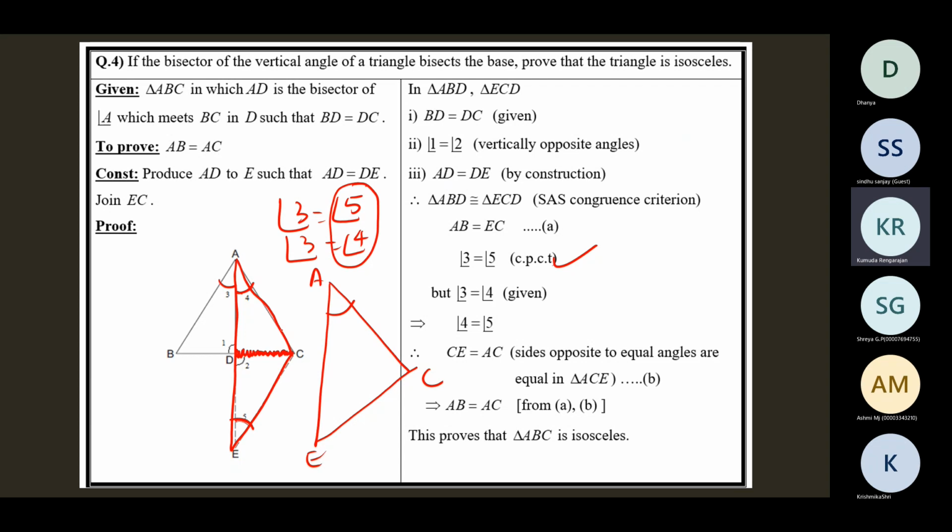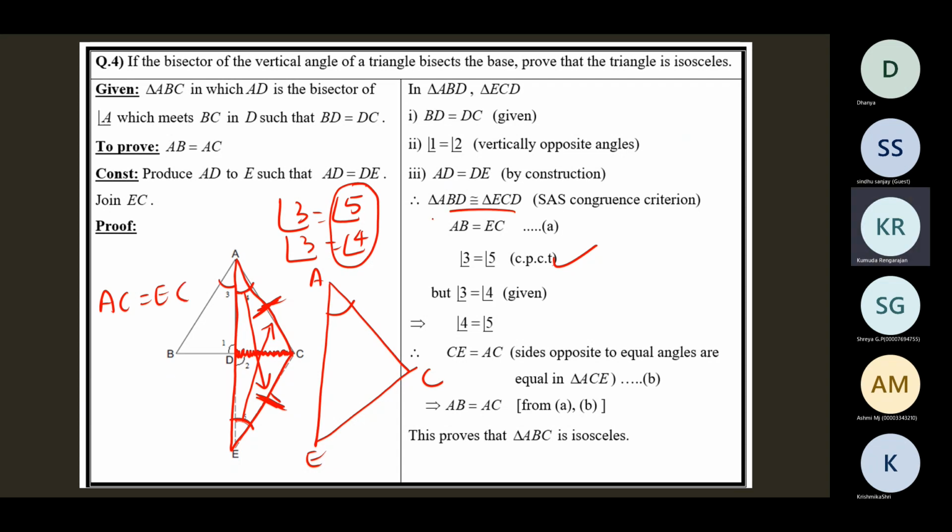That means by the isosceles triangle property, the side opposite this angle is equal to the side opposite this angle. That means AC is equal to EC.